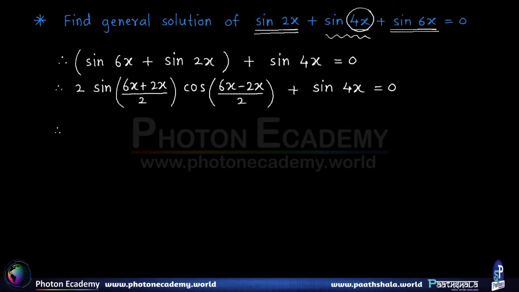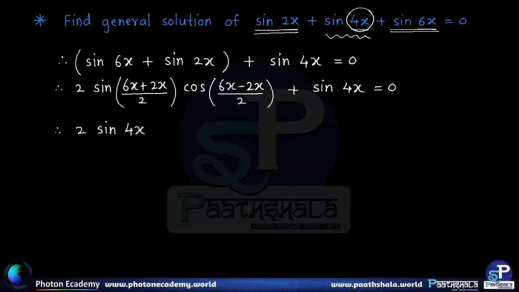Therefore we can cancel out the factor of 2, and clubbing we get 6 plus 2, 8 upon 2, that is 4. So sin 4x cos of 2x plus sin 4x is equal to 0.